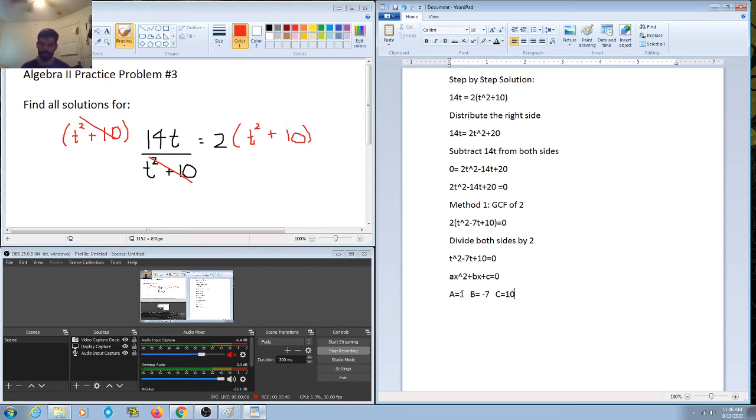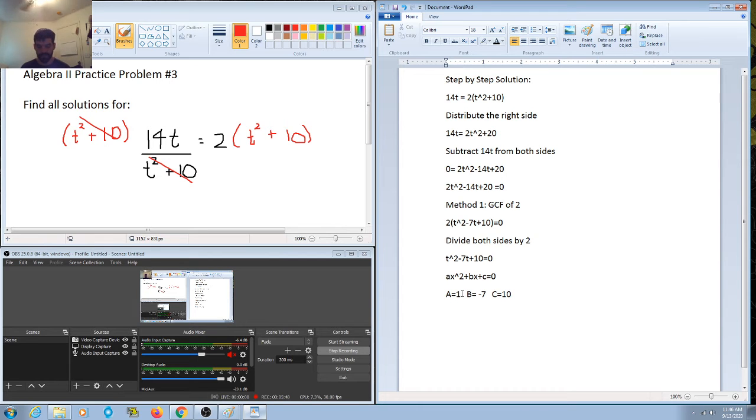Now, again, I cannot emphasize this enough. Your signs are very, very important in this step of identifying your a, b, and c, because you're going to find that your factors and the signs of your factors are dependent on the signs of a, b, and c. So we want the factors of a times c that add up to b.